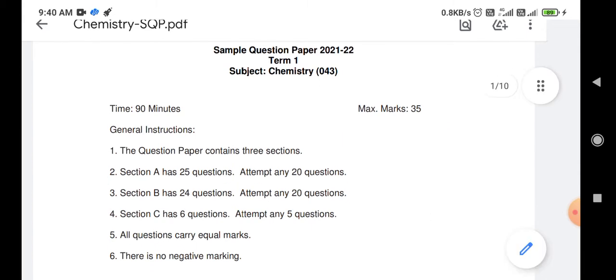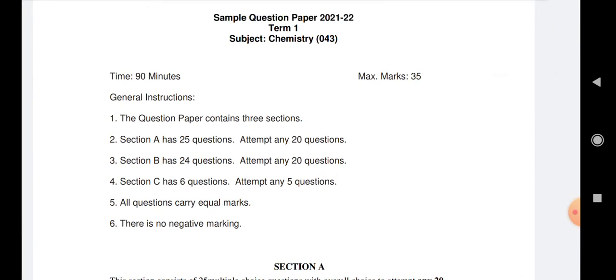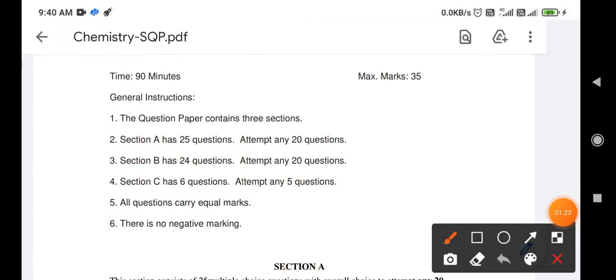Now the next question is, what are the types of sections, and what are their marks distributions? This question paper will consist of three parts: section A, section B, and section C. In section A we will have 25 questions, and out of these 25 questions you have to attempt only 20.